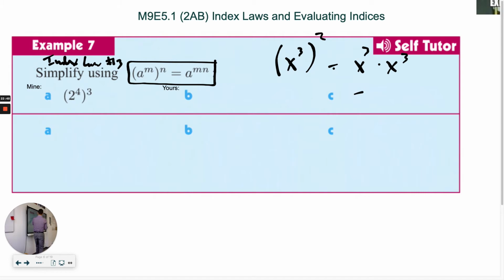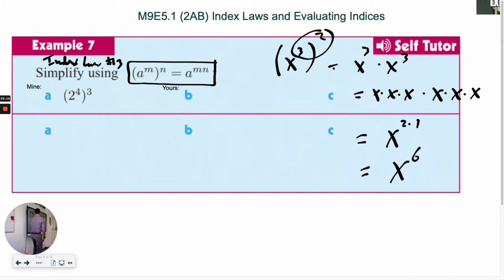This is really 3 x's all multiplied together, and that's really 3 x's all multiplied together. And so I have 2 sets of 3 x's. So instead of breaking it up and adding them up, you just multiply those 2. That's multiplication. So really you can call this x to the 2 times 3, which is x to the 6th.